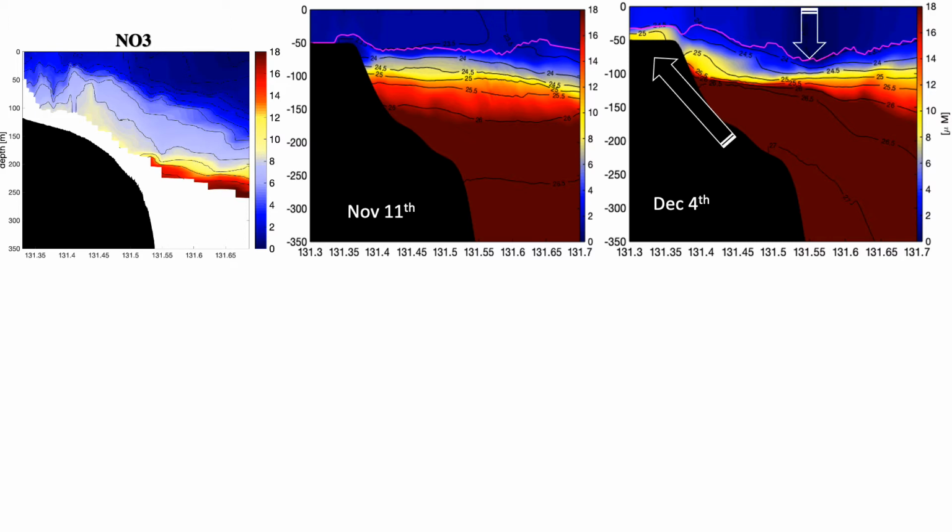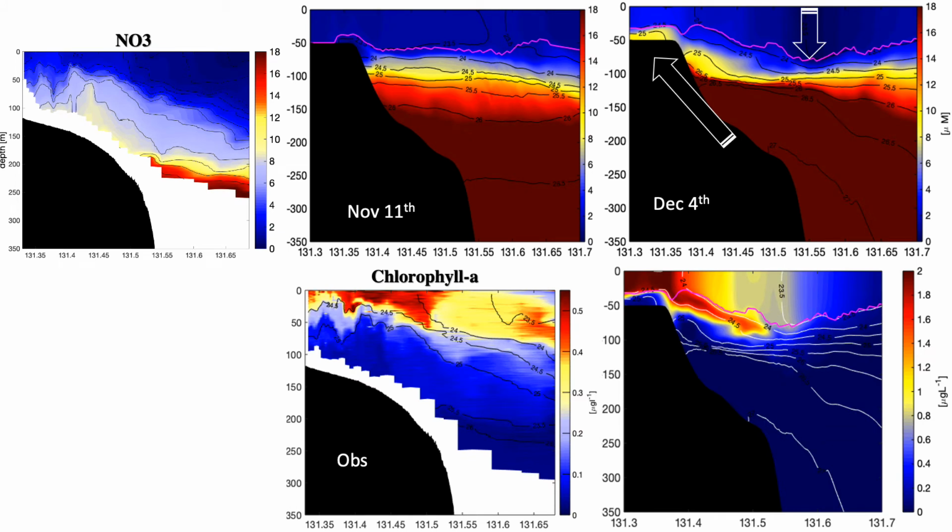Also, the mixed layer depth is found to be as shallow as 25-meter depth on the dense side, while it slightly deepens to 50-meter depth on the less dense side of the front, with a deepening down to 80 meters at a longitude of 131.55. Besides that, the model chlorophyll concentration shows similar patterns to the observations, having higher concentrations on the shore side of the front in December, above the continental slope.